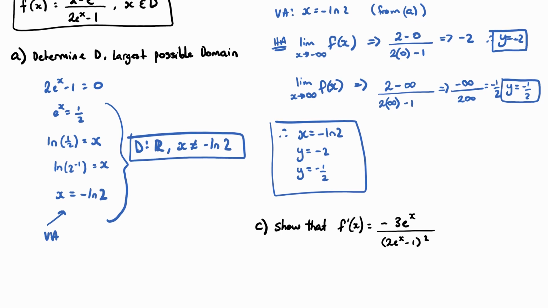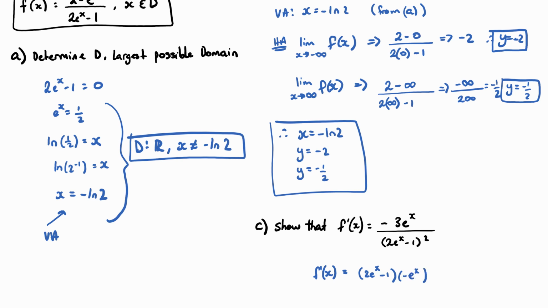I'll start it here. It will be the denominator, 2e^x - 1, multiplied by the derivative of the numerator, which will just be negative e^x.